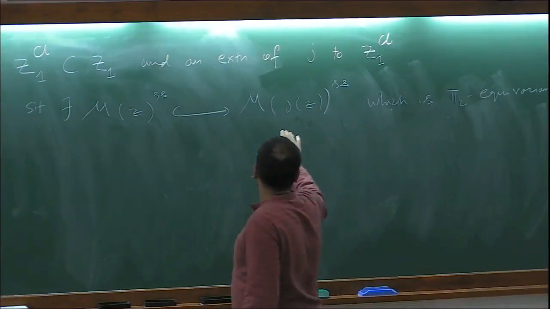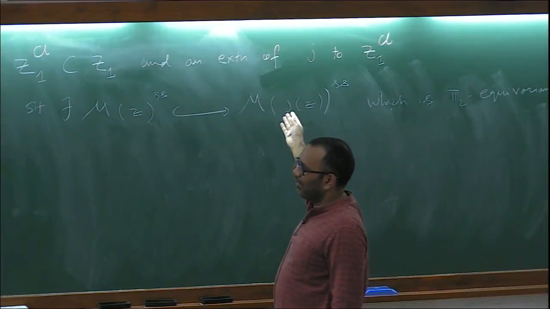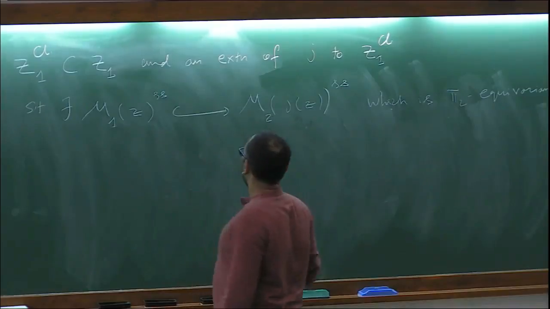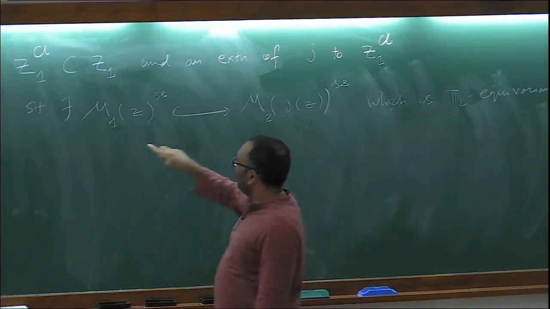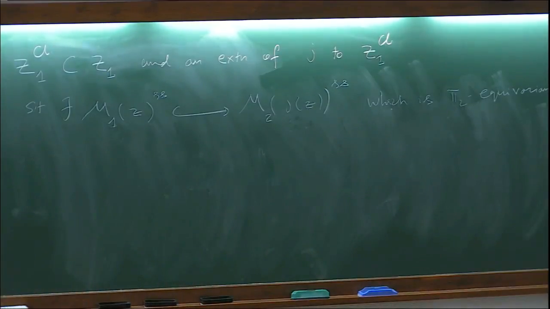Sorry, I should say M1, M2. So here obviously there is an action of T2, but on this space there is an action of T1, and you use sigma to pull back this action to T2.